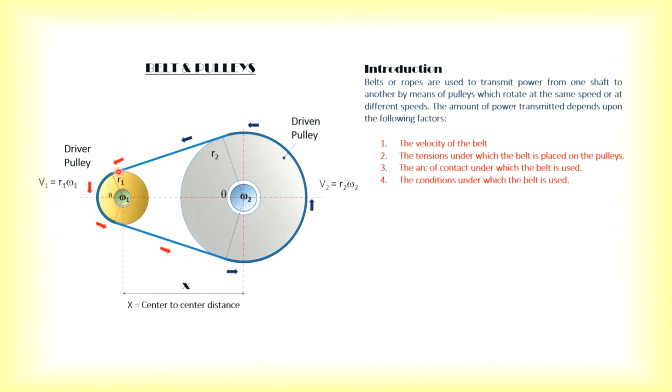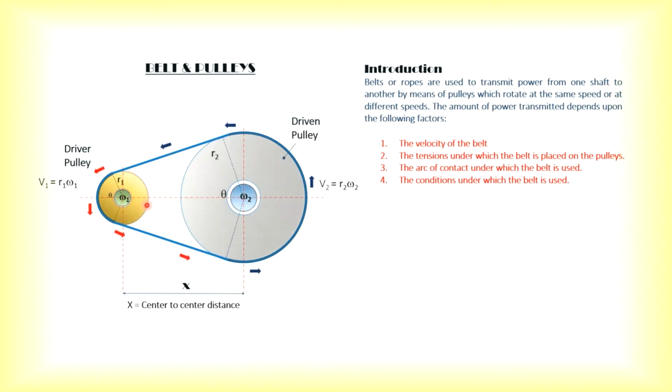When the gripping force is increased, the amount of power transmitted will be more, whereas slippage is reduced when the contact surface is greater or when the angle theta is greater. This can also be increased by placing jockey pulleys or idle pulleys on the belt, either on the upper side or the lower side.